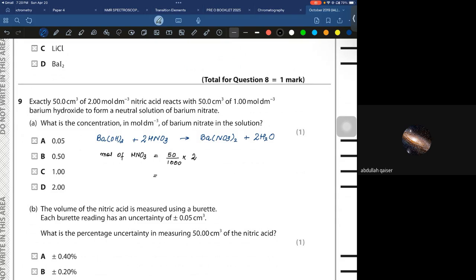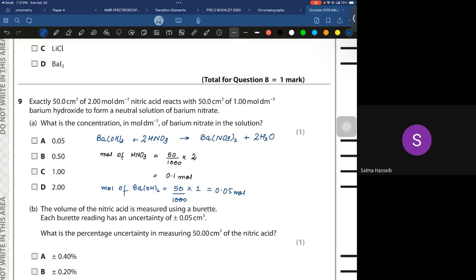The answer is 0.1 mole of HNO3. Then we have to find the moles of barium hydroxide: concentration times volume. The concentration is 0.05, multiplied by the volume 50, divided by 1000. The answer is 0.05 mole.